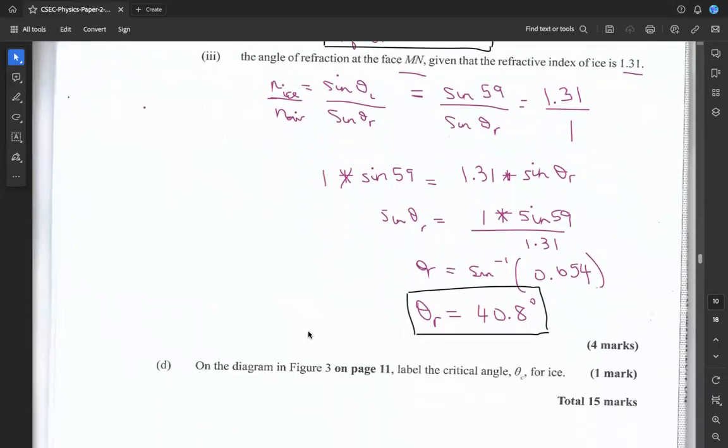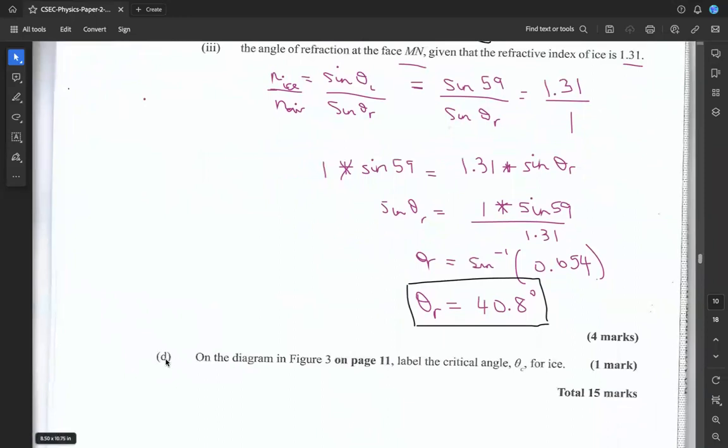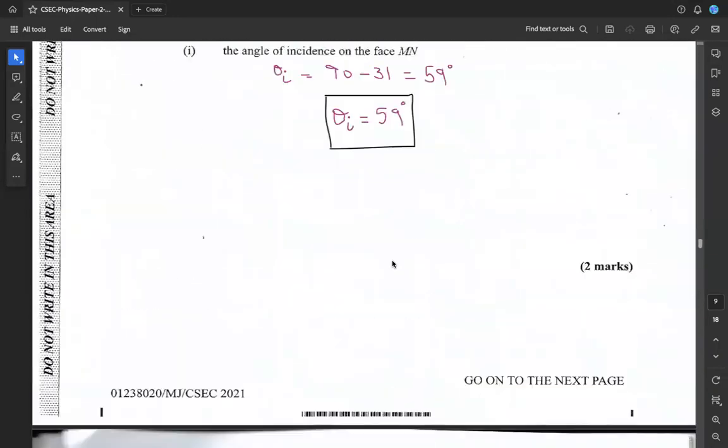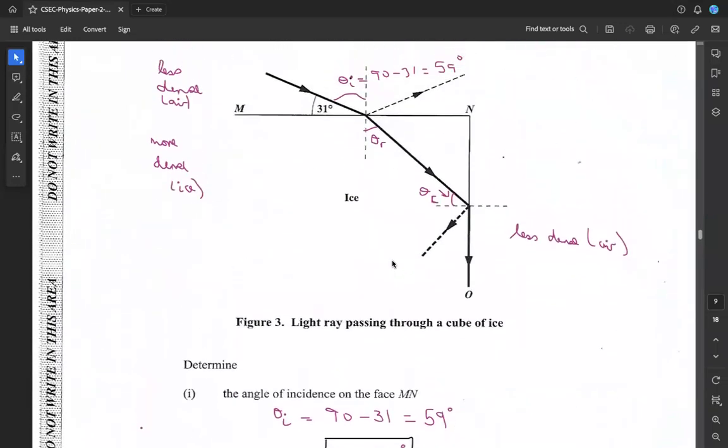So moving along, for part D, the final part of this question, they're saying that on the diagram shown in figure 3 on page 11, label the critical angle theta C for ice, okay? So let's go back up and determine which one is the critical angle.